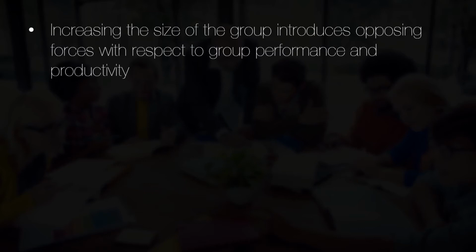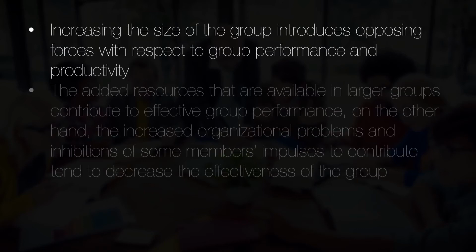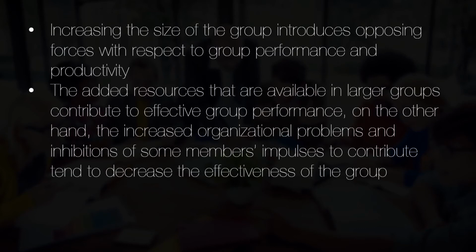Smaller groups are faster at completing tasks than larger ones. And the added resources that are available in larger groups contribute to effective group performance. On the other hand, the increased organizational problems and inhibitions of some members' impulses to contribute tend to decrease the effectiveness of the group.